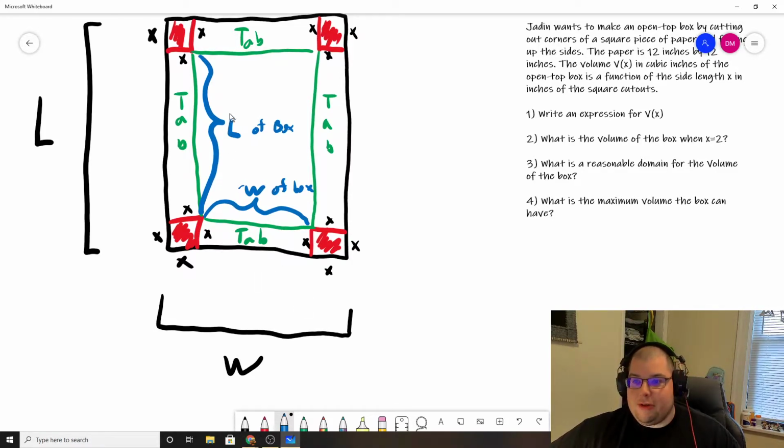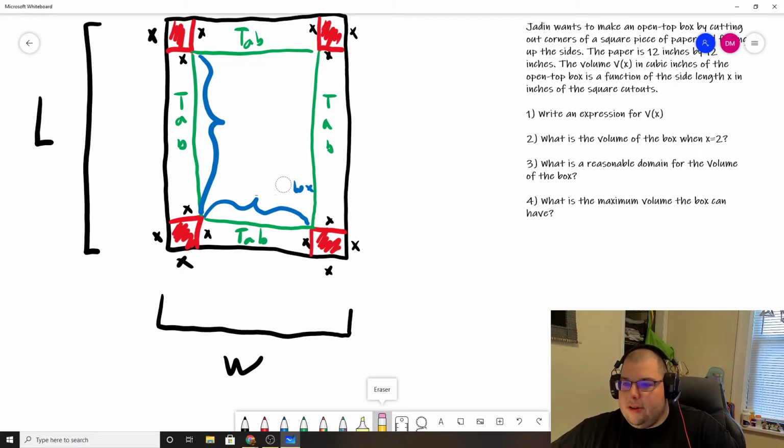So I want to figure out what those distances are in terms of the original length and width and x. So actually, let's erase these, because we can fill in with the expression that is the new lengths and widths of the box from the original length and width of the piece of paper.